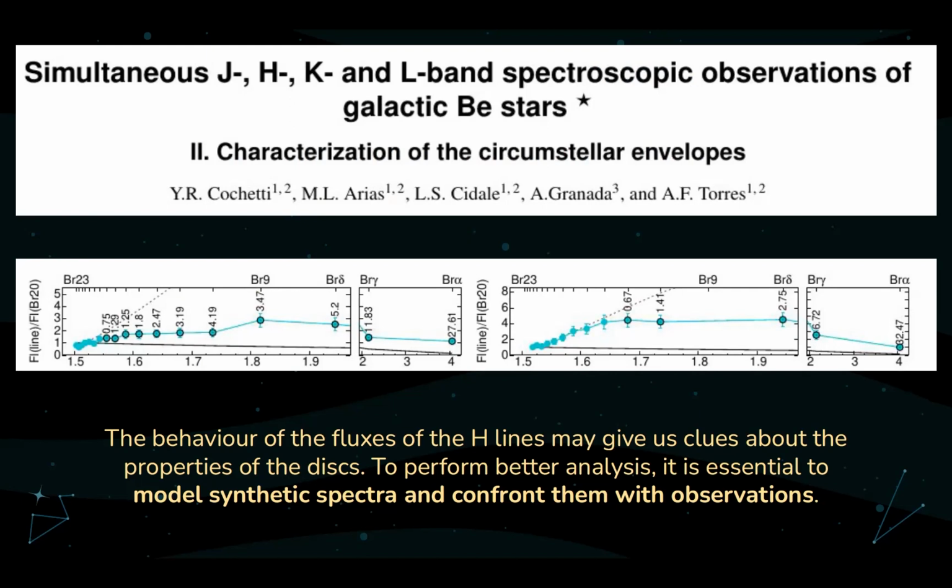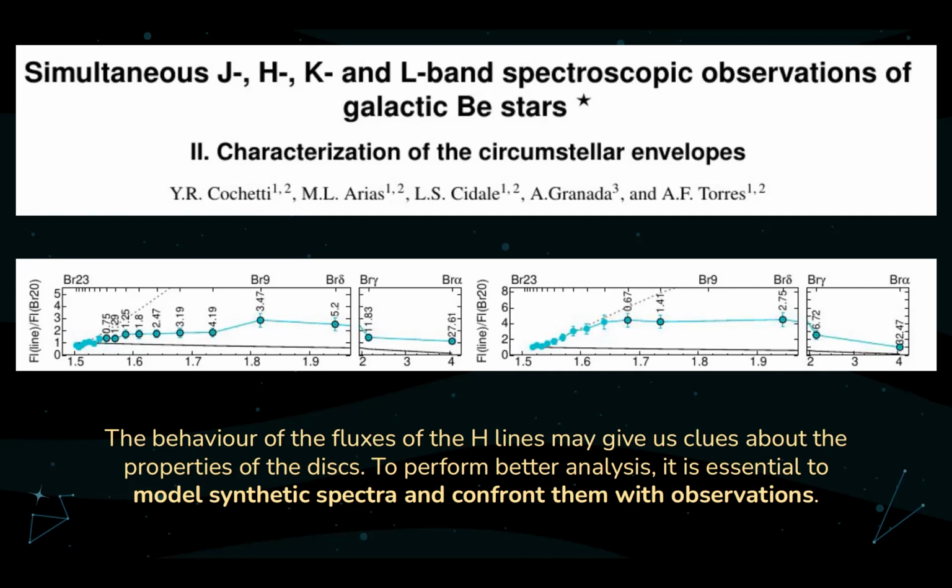We see that the higher order members follow the optically thin relation, and the lower order members depart from the optically thin. But in which line this departure starts and the shape that these curves have is not always the same. So we think that this behavior could be related to the density structure of the disk.